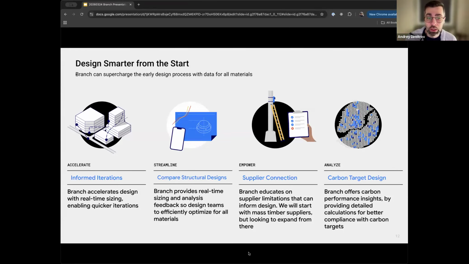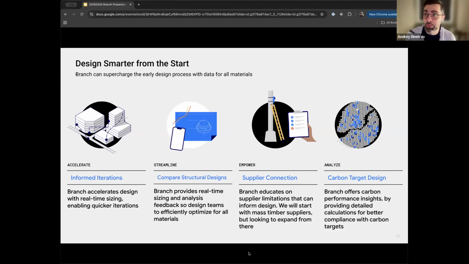First, right off the bat, it's really about accelerated design and decision making. Having that real time feedback around sizing makes for quicker iterations, quicker understanding about what's happening. Comparisons are key here, showing multiple different versions of design options, and seeing how we can optimize for different metrics.